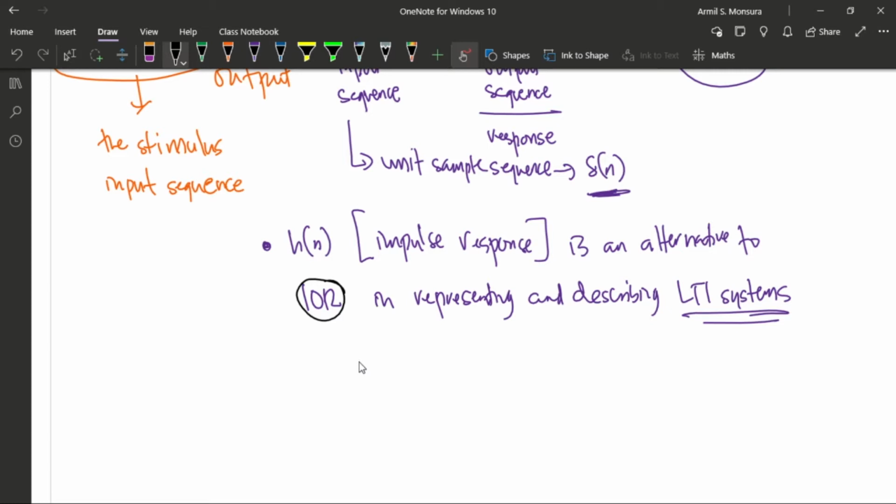However, what we mentioned about the input-output relation is that there are times that it requires us to compute the output sequence sequentially.